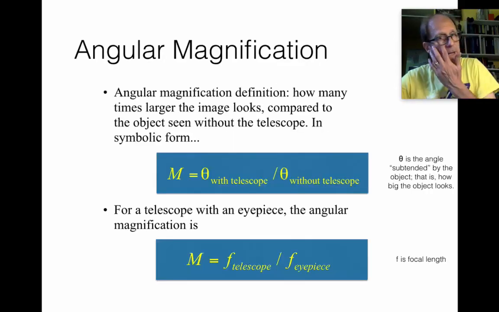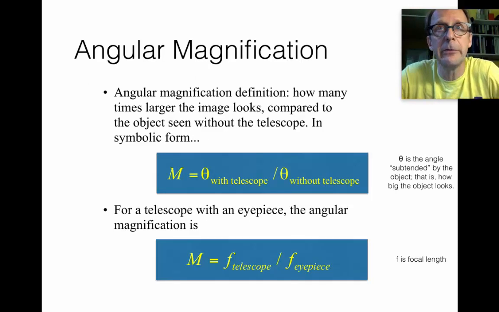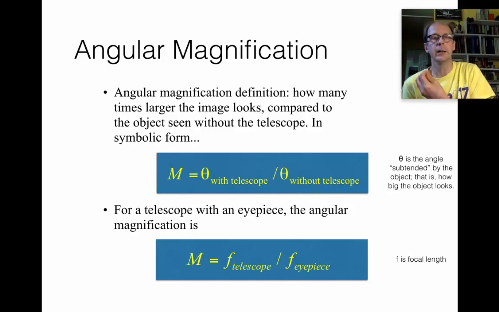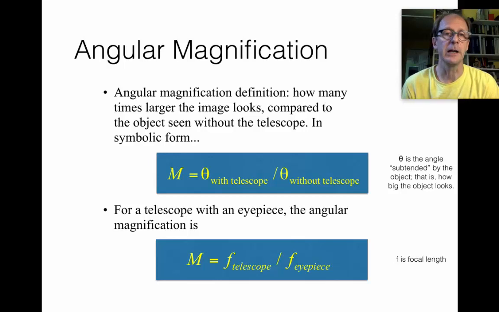Angular magnification is the ratio of how many times larger the object looks when you look in the telescope compared to if you just look with your eye up at the sky. Here I'm talking about a telescope with an eyepiece, and you're actually looking through it.